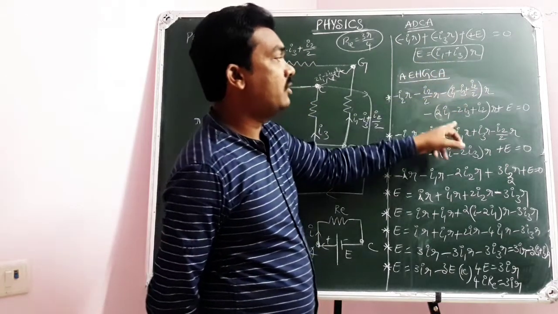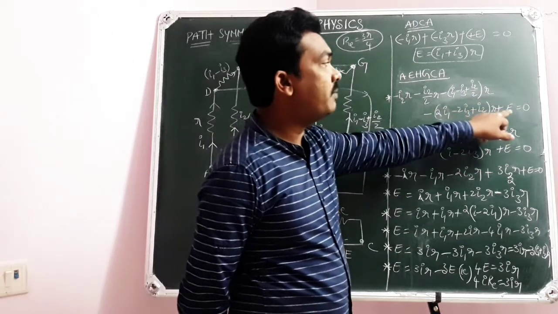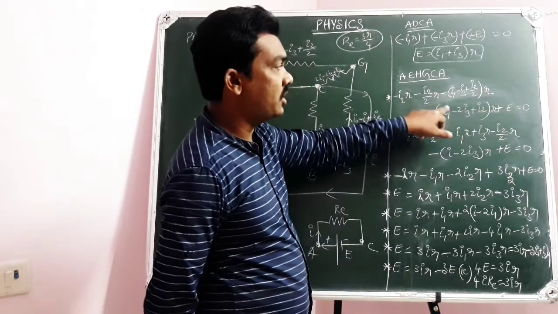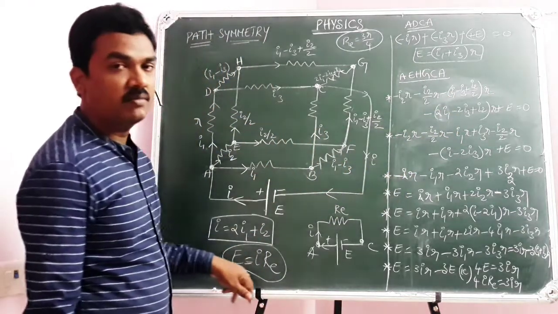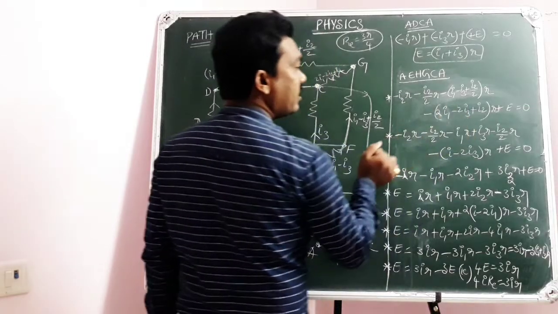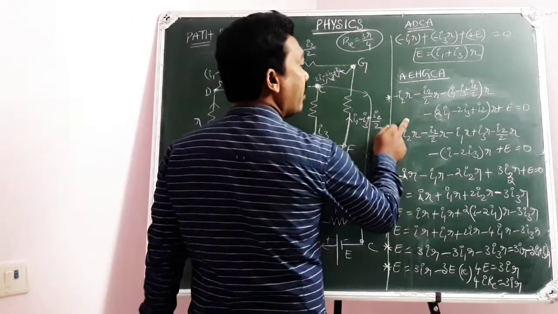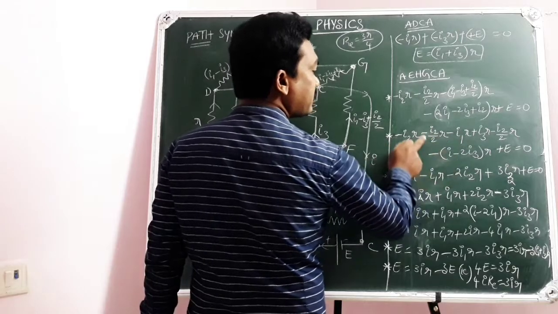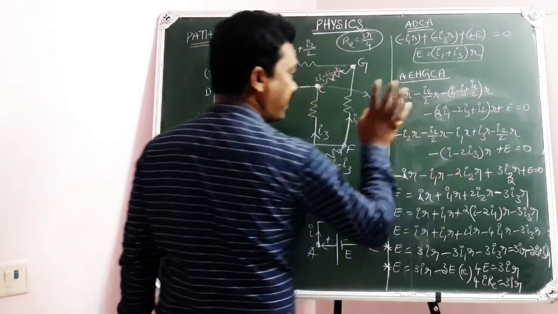But in this equation, I2 is extra. If we try to avoid I2, then E can be taken in terms of I1, I3. Then we can replace it in terms of I. There is a possibility. That's the reason why here you see carefully, I have expanded this equation. But while expanding, 2I1 plus I2 is equal to I.